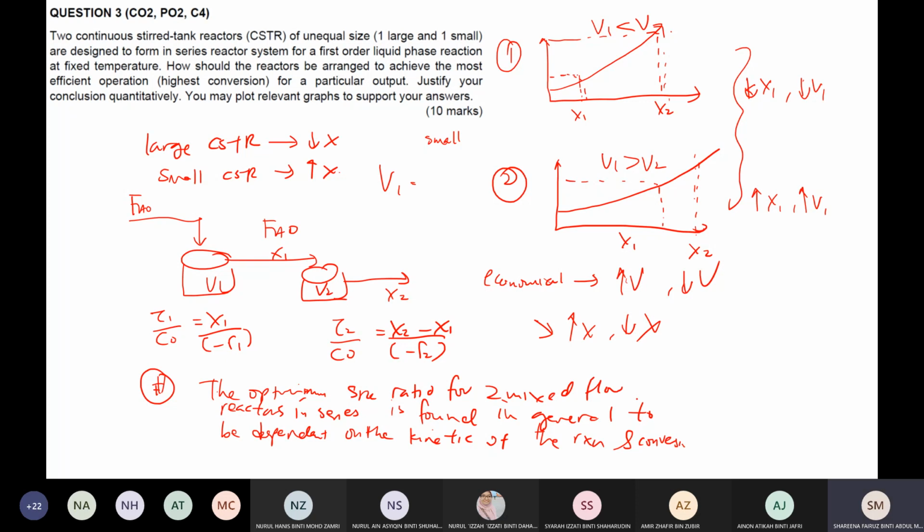Selalunya kita perlukan number of series ni in order to achieve higher conversion. For example, kalau kita ada satu reactor je, dia boleh achieve katakan 0.3, and this one 0.7. So of course you need two reactors in order to increasekan dia lagi ke 0.9. Macam tu lah. Nanti kalau you buat ayat apa-apa yang relevan, I bagi je markah.